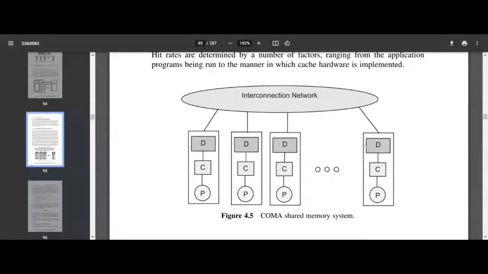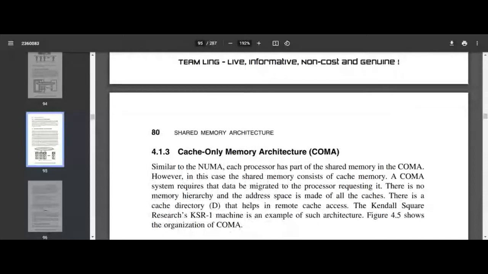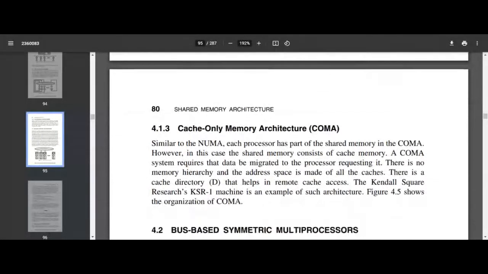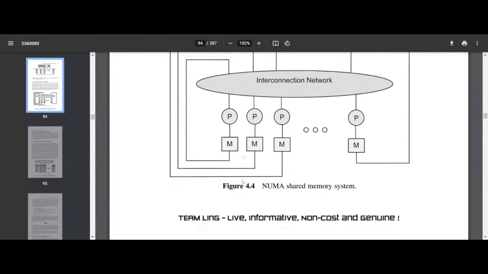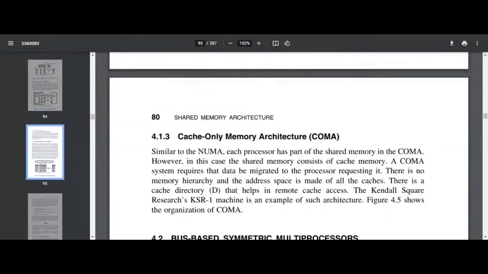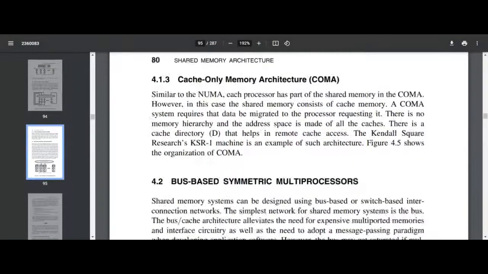In this architecture, they have just added one more thing: the processor with caches, and then something added over here, which is called the cache directory. They differentiate it from the previous architecture by adding a single module, the cache directory, which is different from the NUMA.